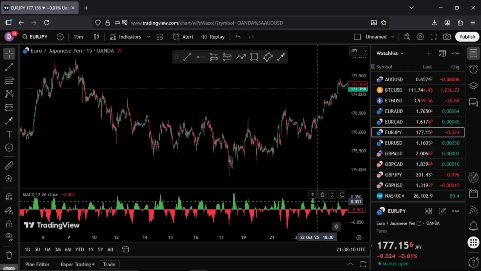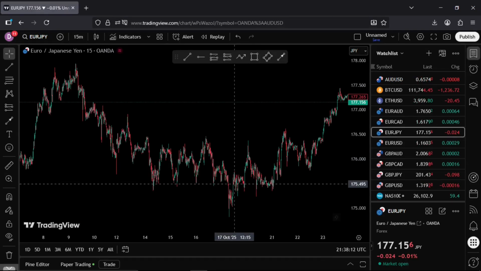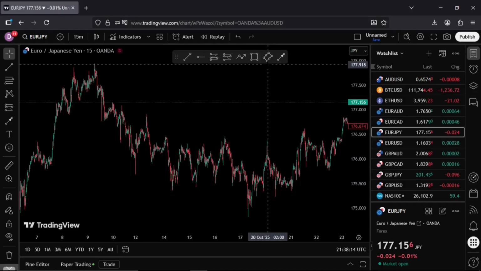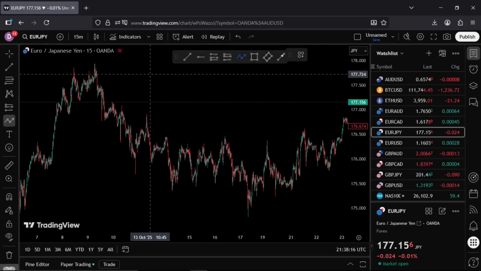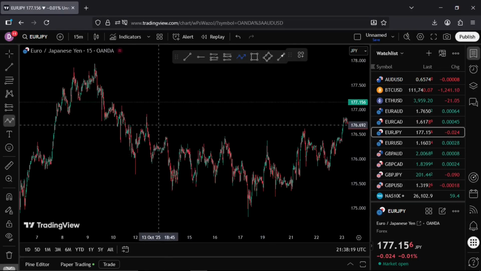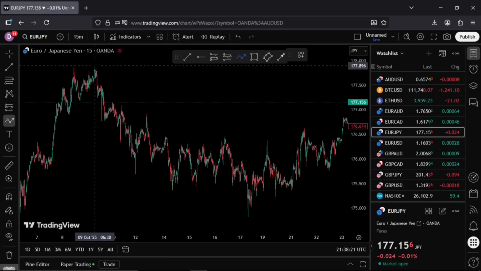Let me go ahead and delete this indicator, and I'll show you what I'm talking about. If I get my path tool right here, for example, for this downtrend, price was up here. It started from up here.